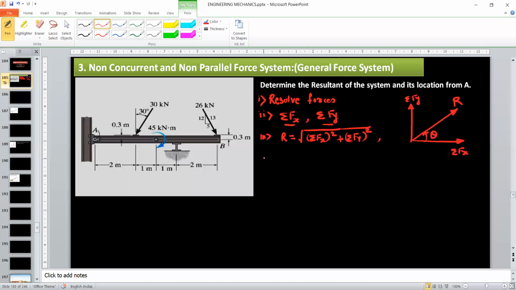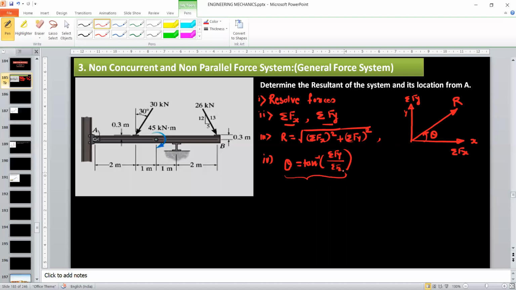To get the direction of the resultant, use the formula theta is equal to tan inverse of summation Fy upon summation Fx. Always remember, when you take summation Fy as the numerator, the angle theta is with respect to the x-axis. If you change the numerator and write summation Fx in the numerator, then the angle is given with respect to the y-axis.